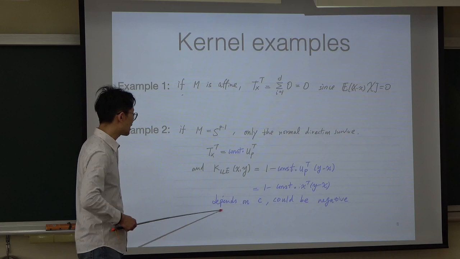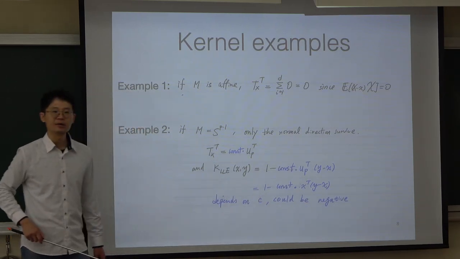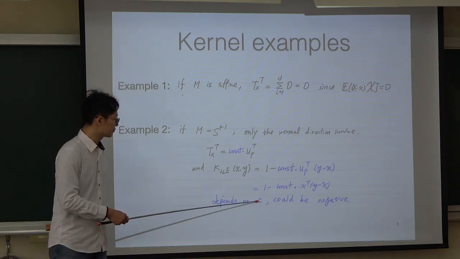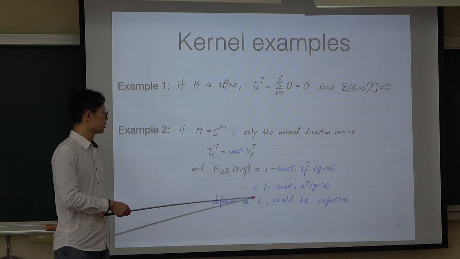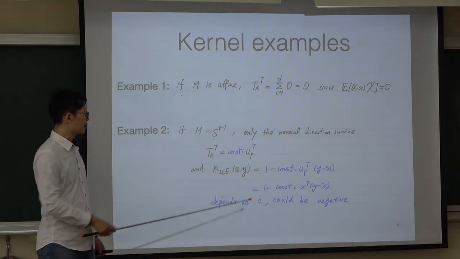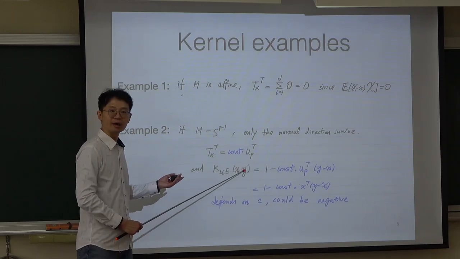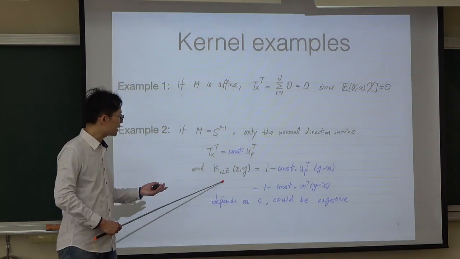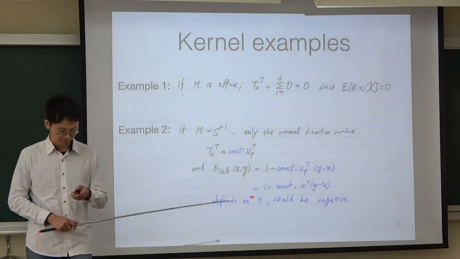Okay, so as you can see very clearly, it will depend on the regularizer C, which is the key step, as we mentioned in the LLE algorithm, and which tells you that this LLE kernel might be negative, depending on which C you choose.